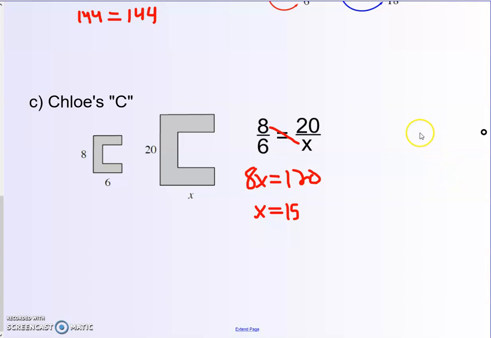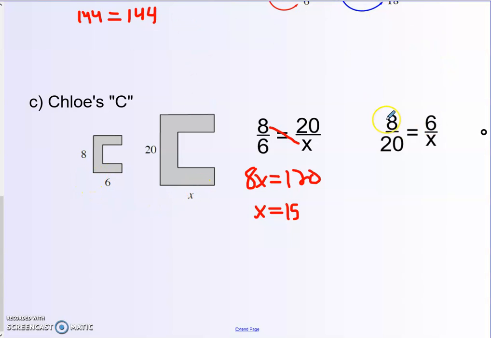Or Chloe could have set up a totally different proportion. She could have compared 8, which is the height of the small, to 20, which is the height of the big. And if she did that, then the other side, again, she's going small on top, big on bottom, would have to be 6 on top, X on bottom.